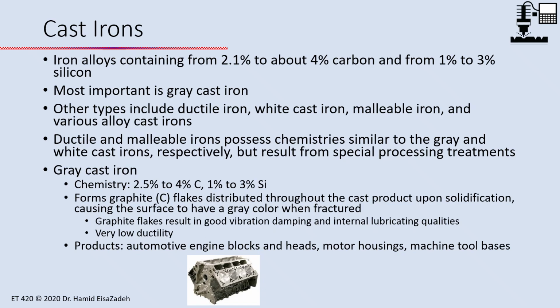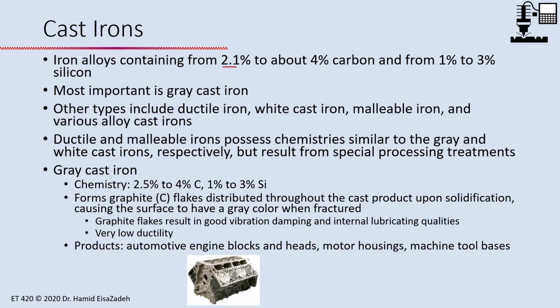The next class of ferrous alloys is cast iron. Cast iron has a carbon content of more than 2.1 weight percent, but normally up to 4% is the range that we use in the industry.